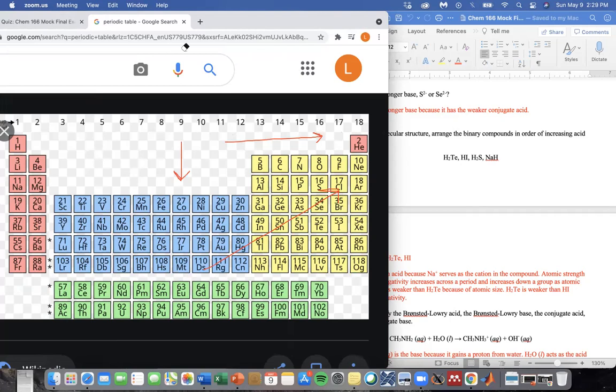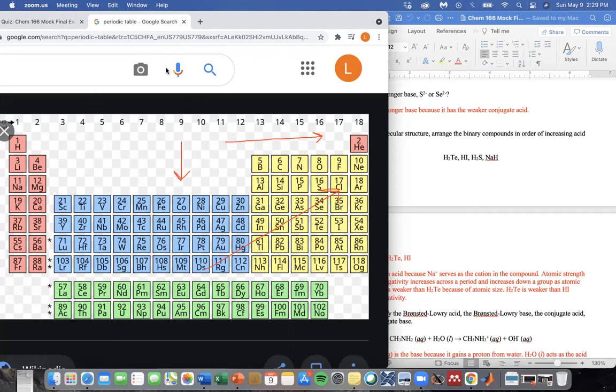And so in this case, because S is a smaller atom, it wants the H more, it's able to have a stronger bond with the H than the Se is able to.